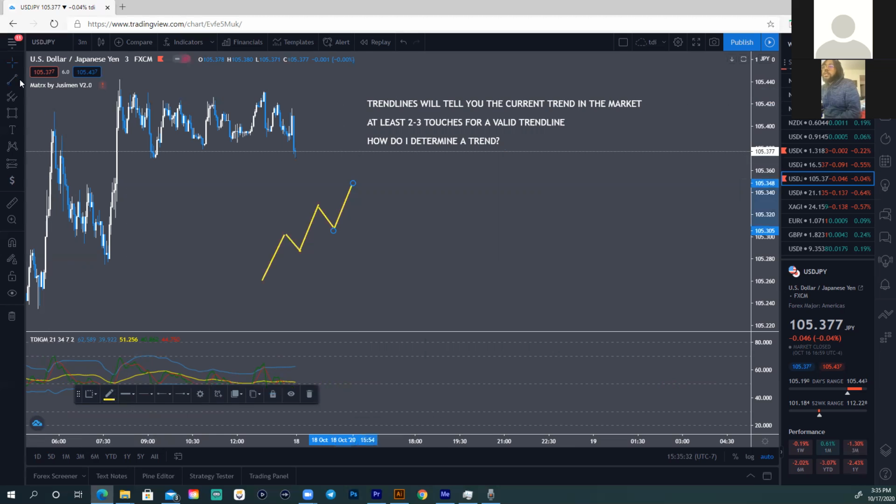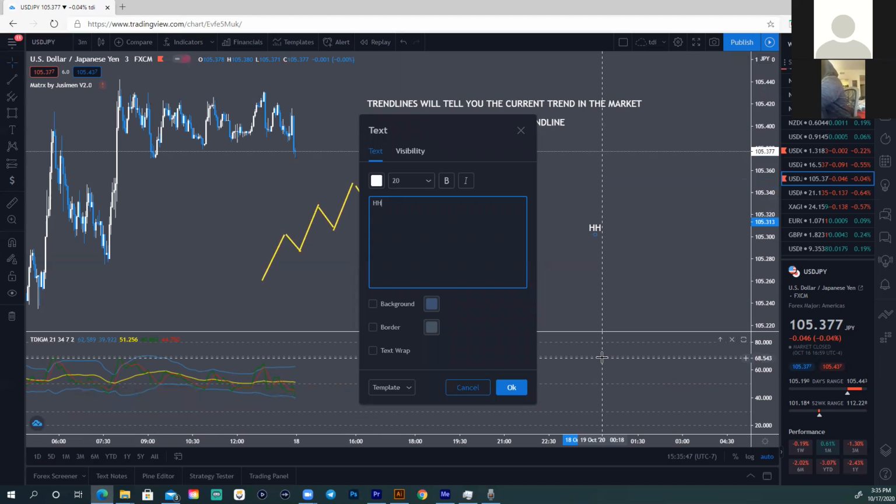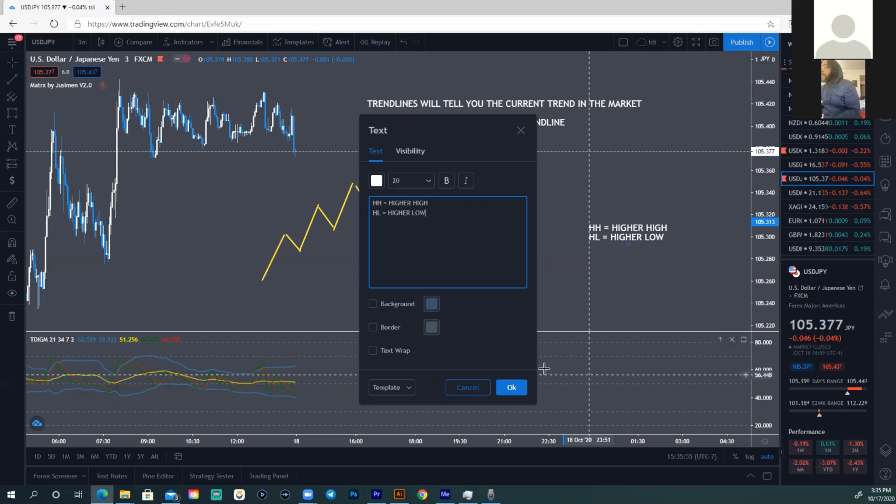This right here is an uptrend. All right. Now, terminology used for an uptrend is what we call higher high and higher low. HH equals higher high. HL equals higher low. Okay.